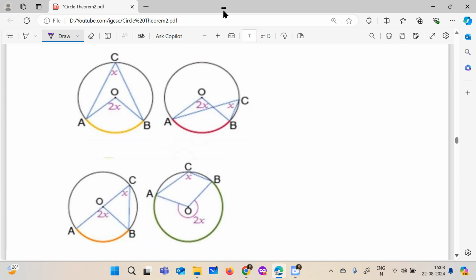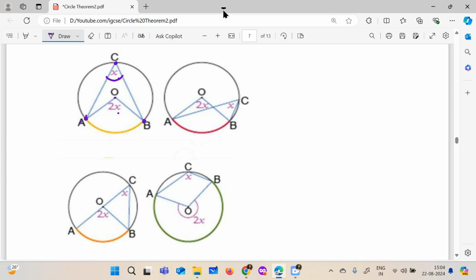See, here are a few criteria of angle at the center and on the circumference. From the points A and B, you have the angle on the circumference as angle C, which is shown as X, and then the angle at the center from points A and B is AOB. So this is X and this is double of X, that is 2X.